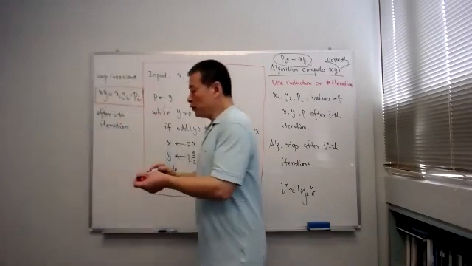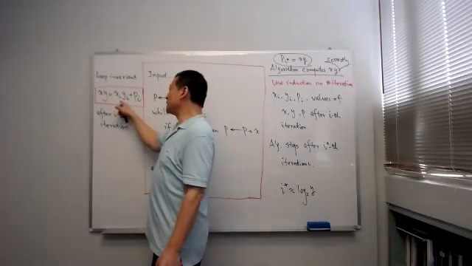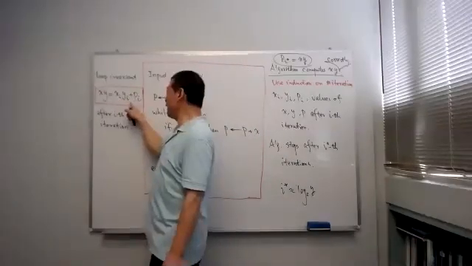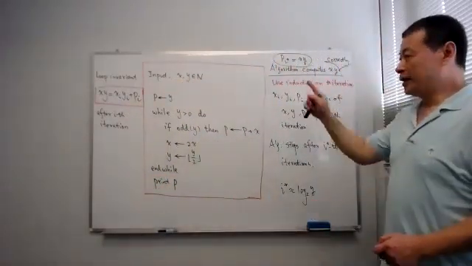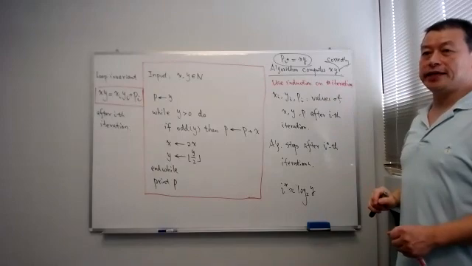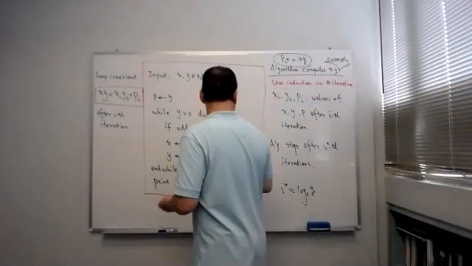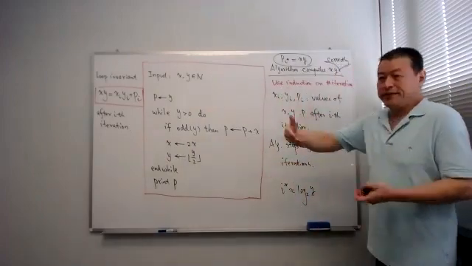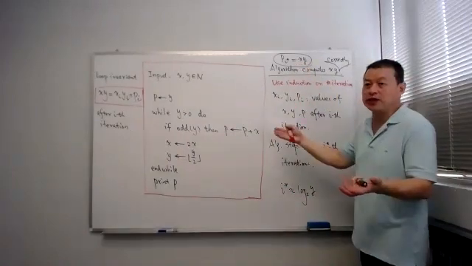So after each iteration, we always have this result: xy equals x_i y_i plus p_i. So what does that tell us when the algorithm terminates? This loop invariant must be useful for our purpose, otherwise it's totally useless.